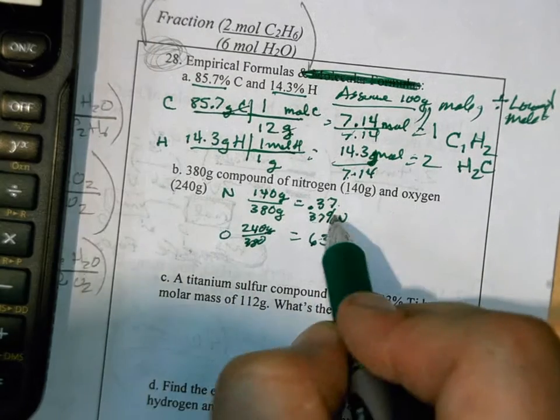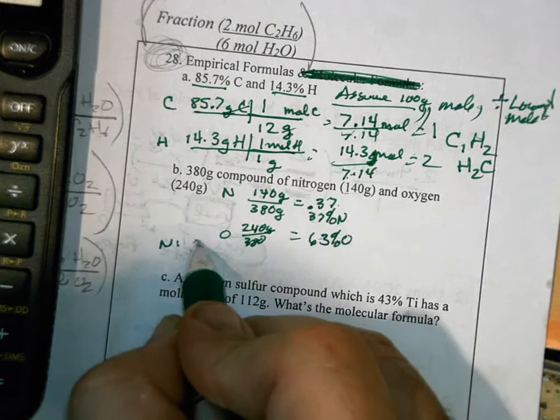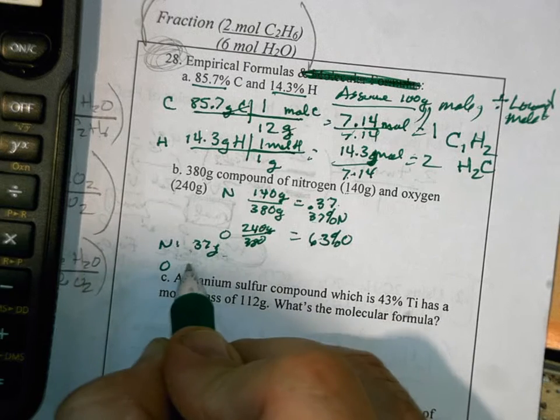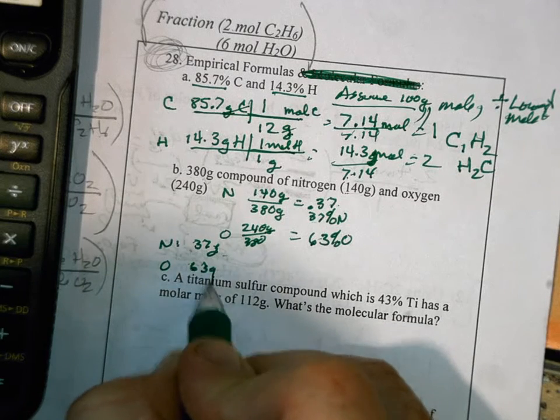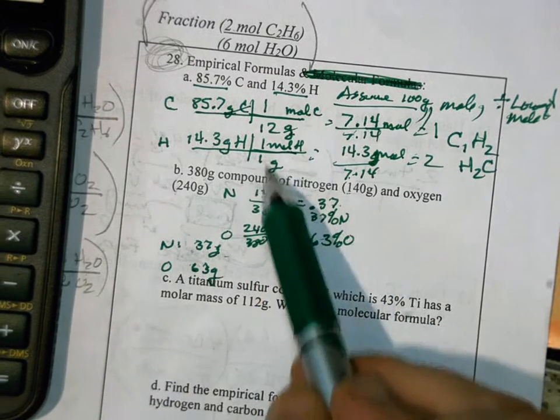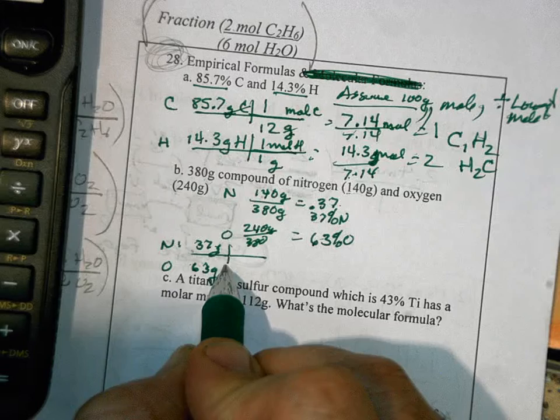Now, at this point, you say, for nitrogen, we have 37 grams of nitrogen. For oxygen, we have 63 grams of oxygen. And then you're going to do the same things we did in this one here. You're going to first convert these to moles by dividing by the molar mass.